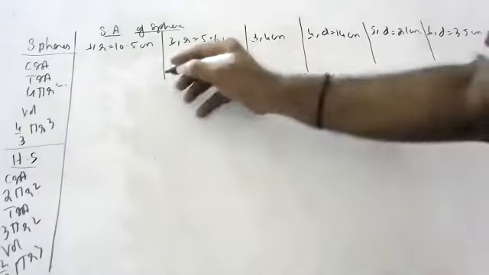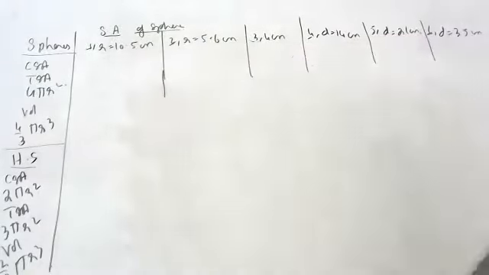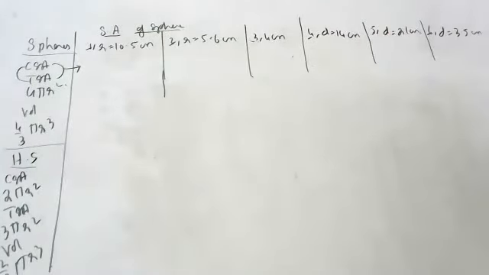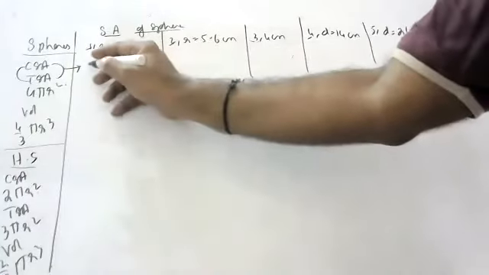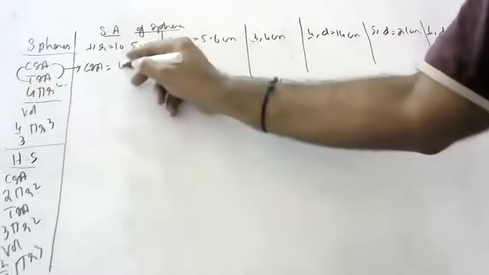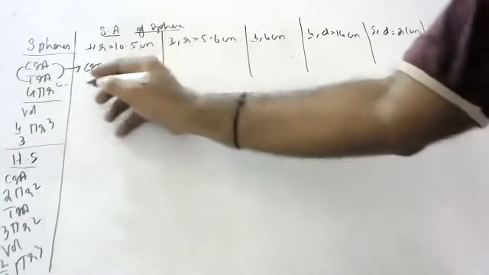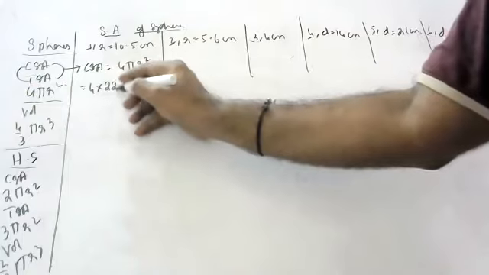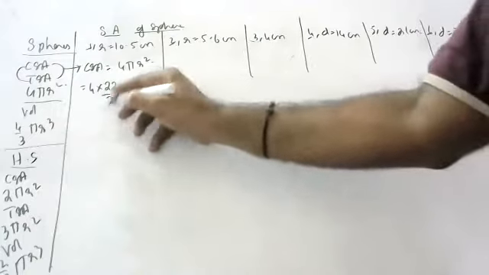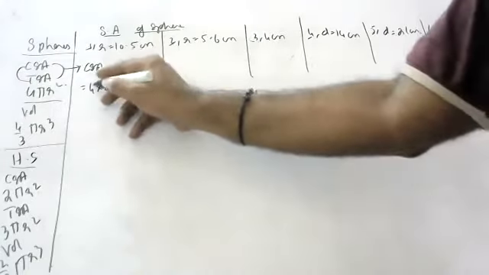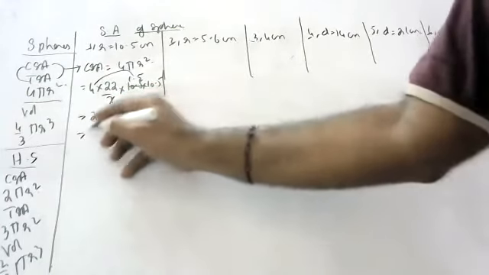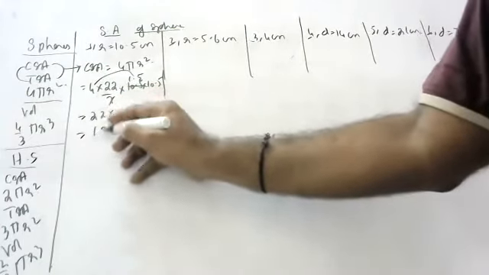First sum, we will start with Sujit. Sujit, are you there? Yes, sir. CSA of sphere, formula. CSA is equal to 4 pi r square, which is 4 into 22 by 7 into 10.5 into 10.5. 7 into 1.5 is 6, 6 into 10.5... so 132. 132 into 10.5.